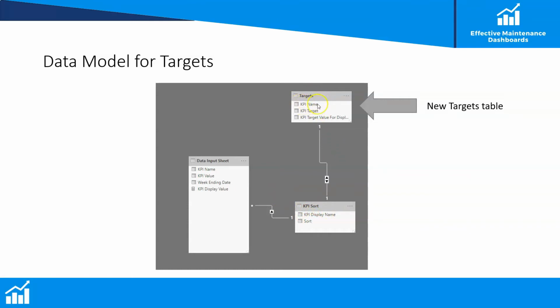It's going to have the name of the KPI, and that's going to be the key that joins us to this sort table. It's going to have the actual target value, and it's also going to have a calculated column that takes this value and adds some formatting to it so that we can display it as a whole number, a decimal, a percentage, comma separated thousands, etc. Okay, so that's what we're going to create in this particular lesson.